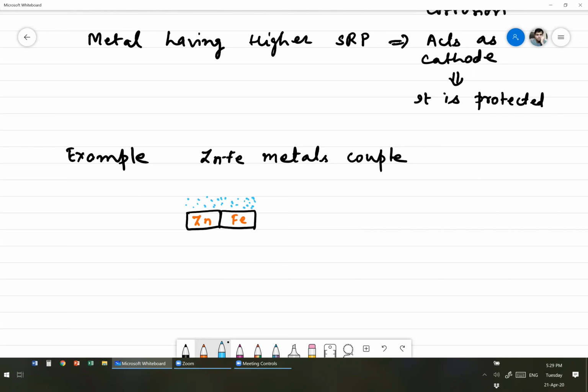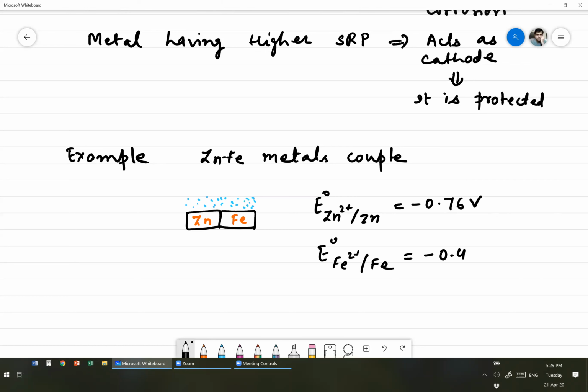As you know, the standard reduction potential of zinc metal is minus 0.76 volt, and for iron the standard reduction potential is minus 0.44 volt.